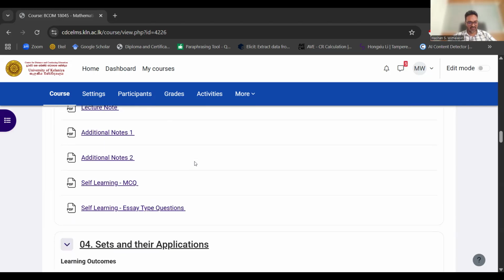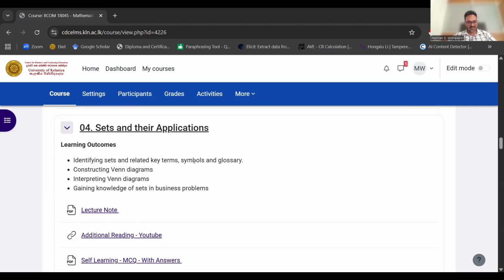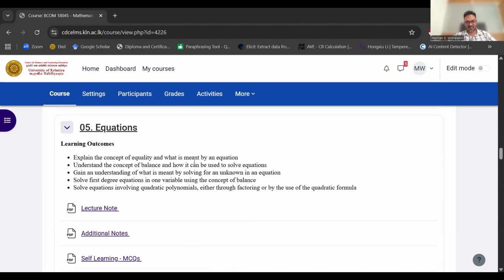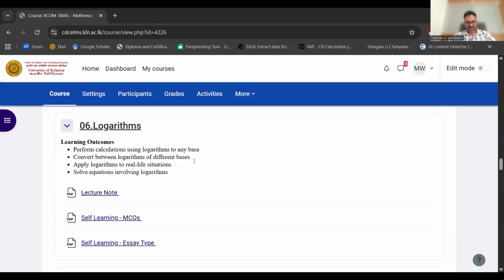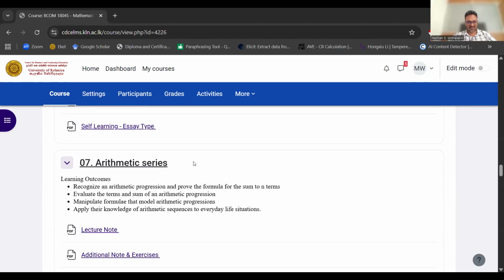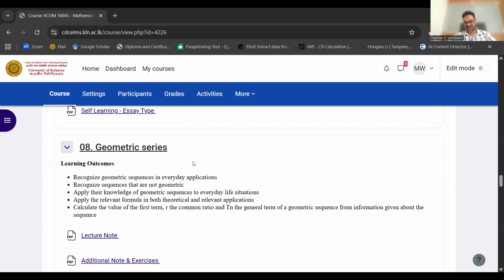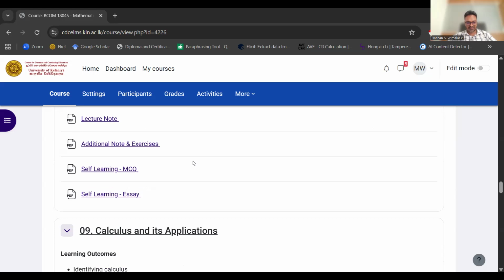Again, I am doing that one also. Sets and their applications Ms. Nadisha will do. Equations I'll do as my part, and logarithmic ways, right? Simple calculations we are focusing on, and arithmetic series and geometric series again I'm doing.